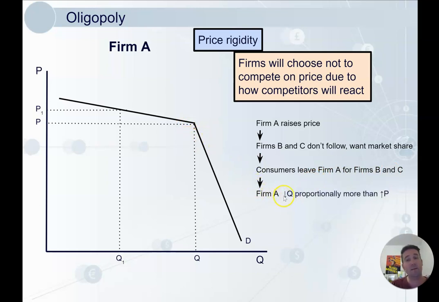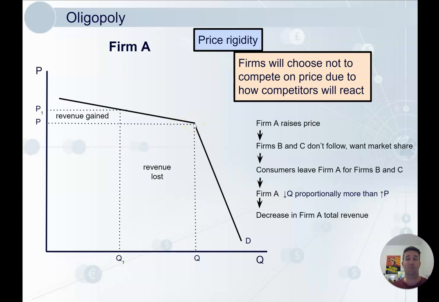So firm A, what we see is that the decrease in quantity is proportionally more than the increase in price. What that means is that it is elastic demand, right? We learned about that previously. So what we get is a firm with elastic demand at this point, raising their price.